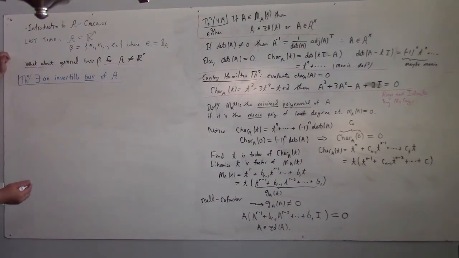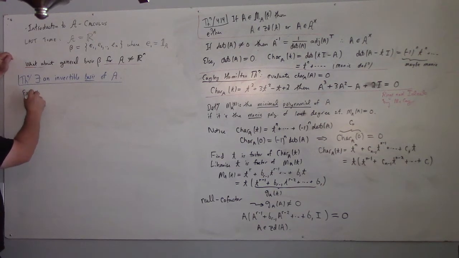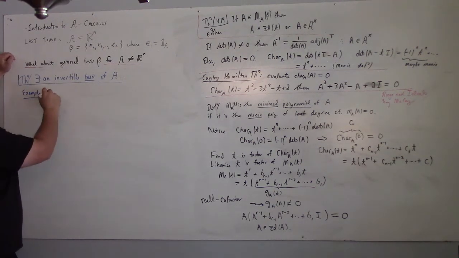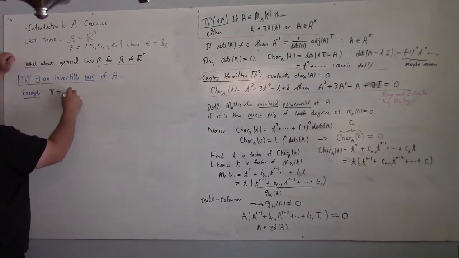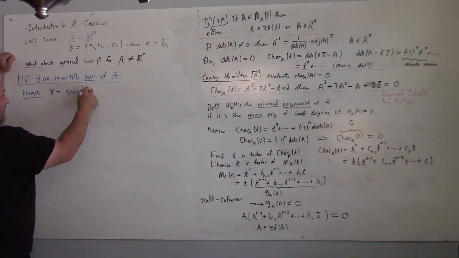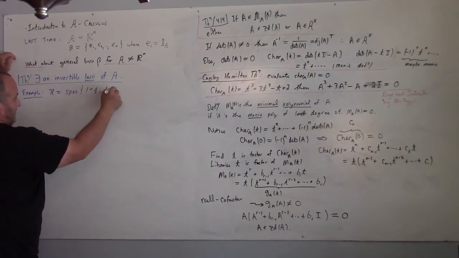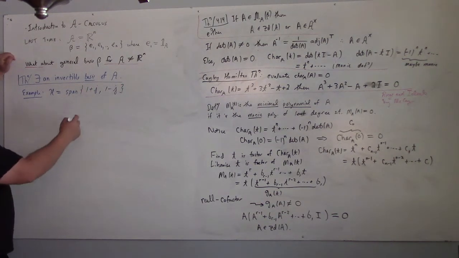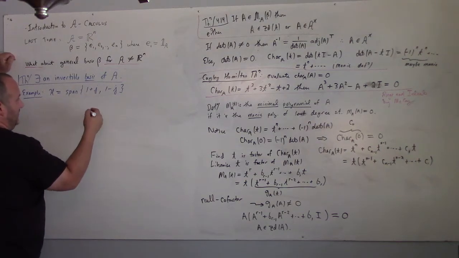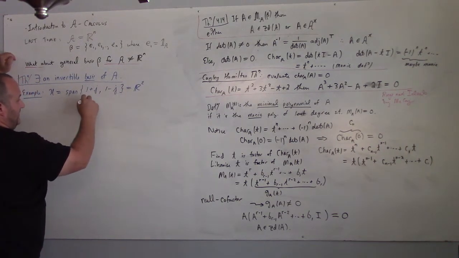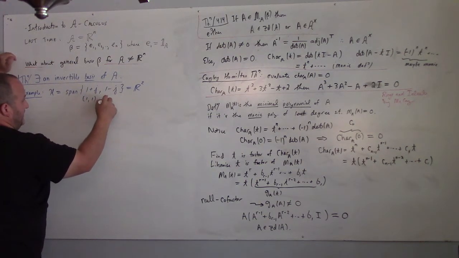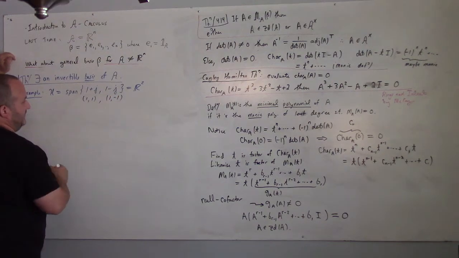Oh, yeah, I'm lost. So here's an example of a non-invertible basis. All right, hyperbolic numbers. It is the span of 1 plus j and 1 minus j. Here we're working with R2, so that is the vector (1, 1) and this is the vector (1, -1).